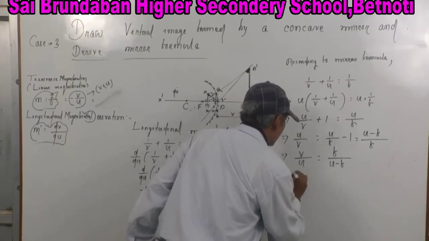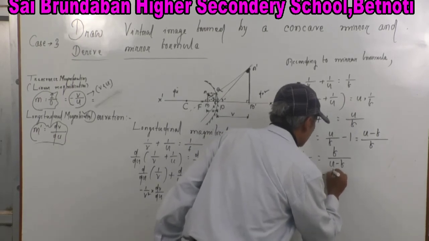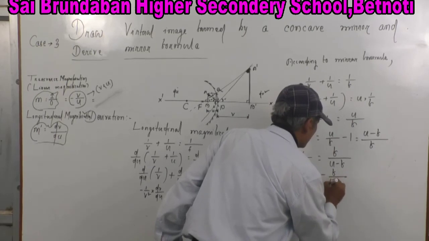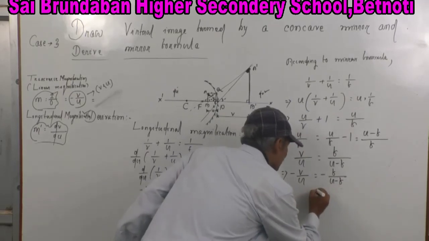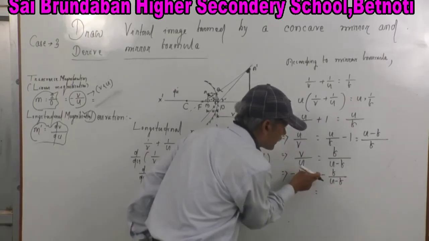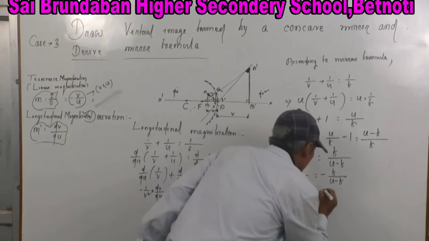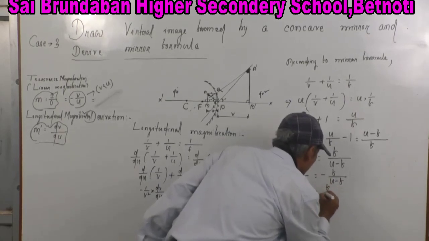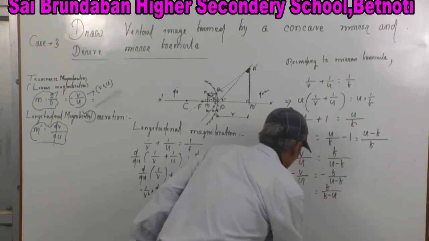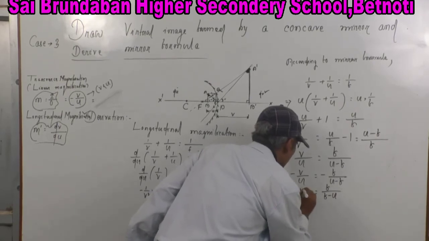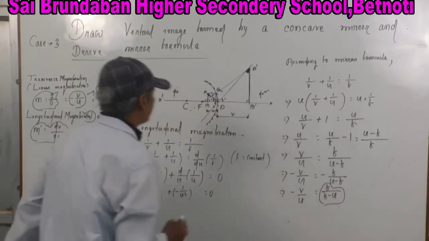So now minus v by u is equal to minus f by u minus f is equal to, you just multiply this minus with the denominator, f by f minus u. So now minus v by u is equal to f by f minus u.